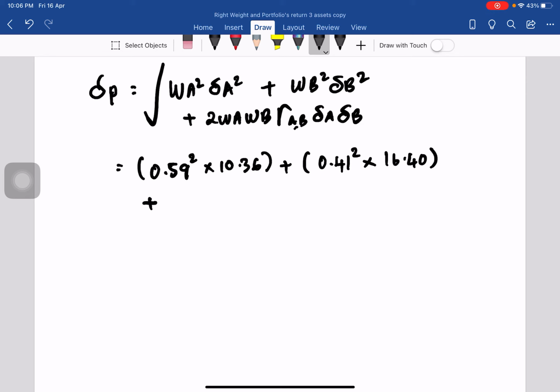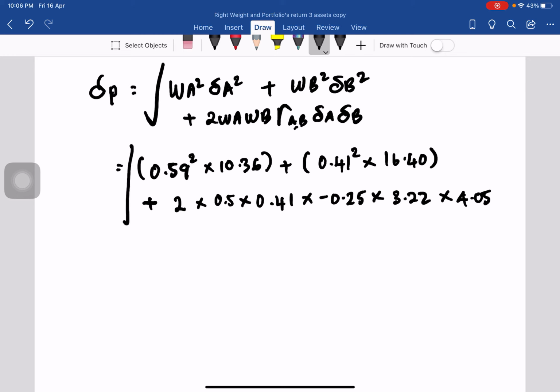And then plus 2 times weight A 0.59 times weight B 0.41 times negative 0.25, which is the given correlation between asset A and B, or Suria and Permata. And then times standard deviation A, which we calculated earlier in the table, 3.22, times standard deviation B, which we also calculated just now, 4.05, and then square root.